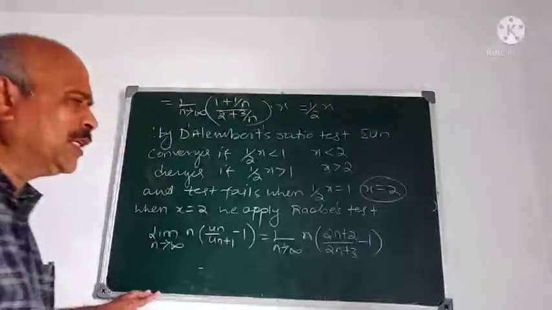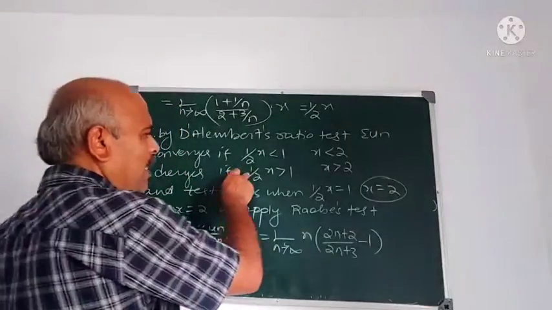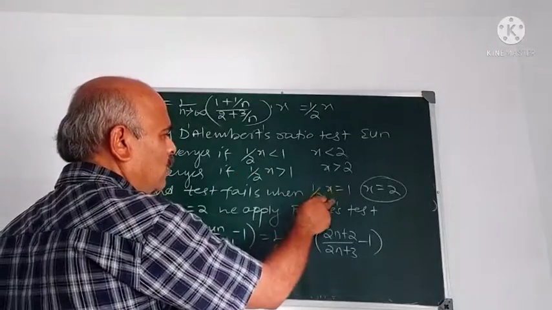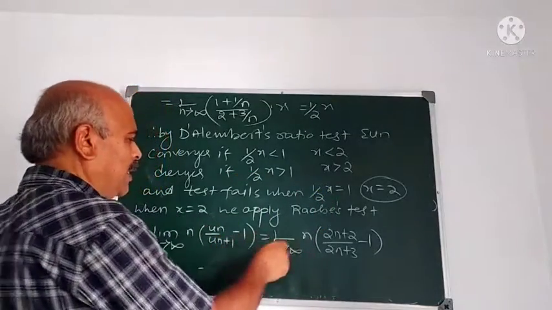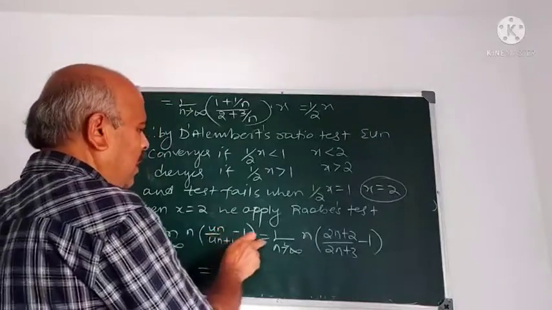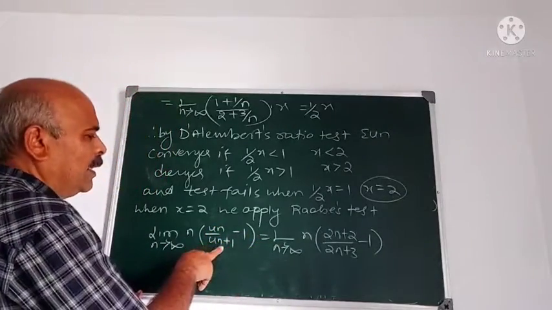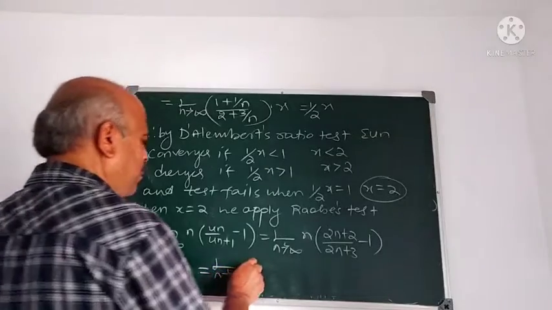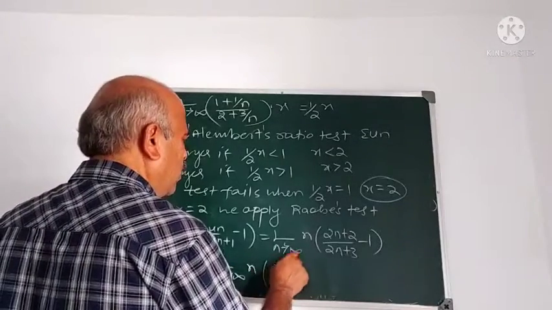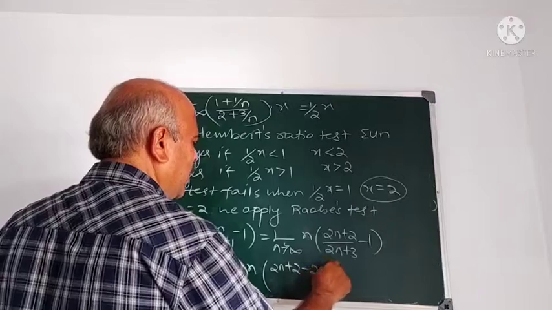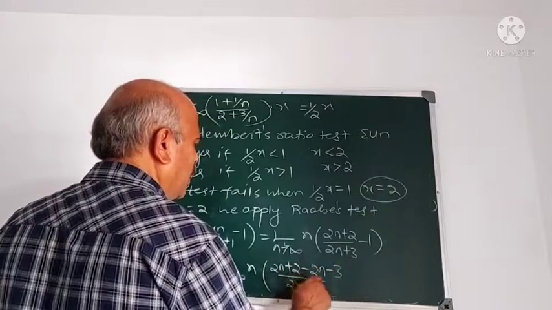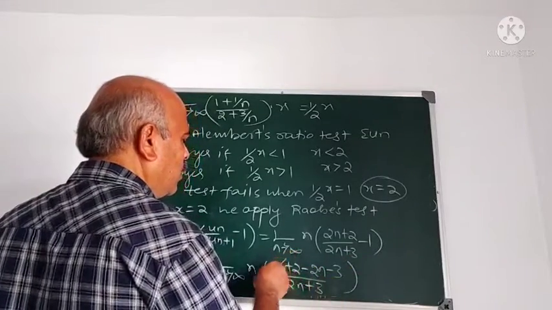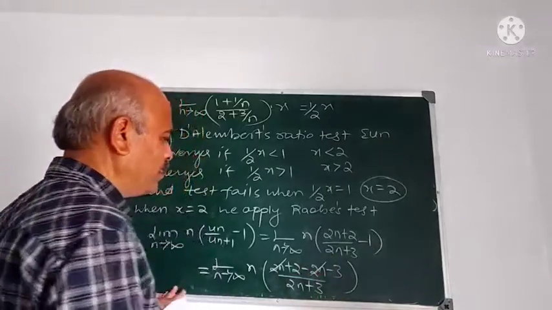See, when x is 2, D'Alembert's ratio test fails. So by taking x is 2, we apply Rabi's test. This is Rabi's test, which depends on this limit: the limit as n tends to infinity of n into (2n plus 2 minus 2n minus 3) upon 2n plus 3. Therefore 2n cancels.